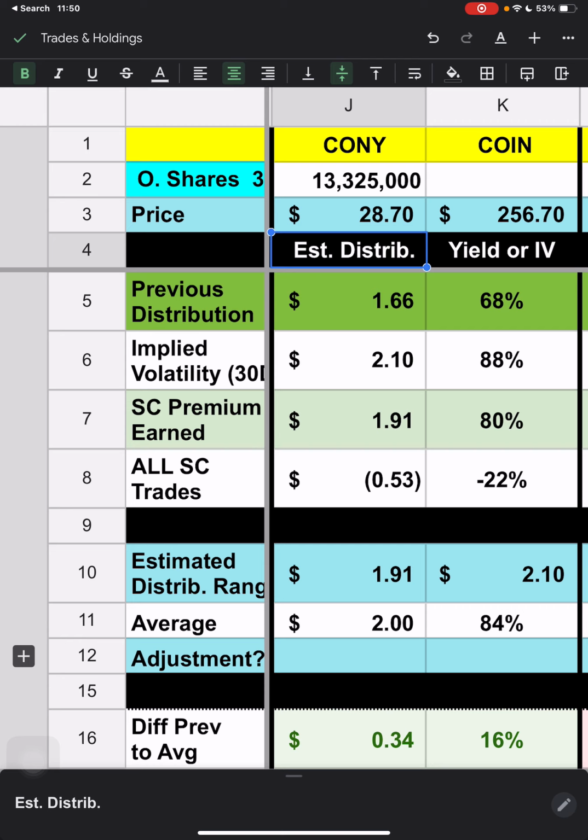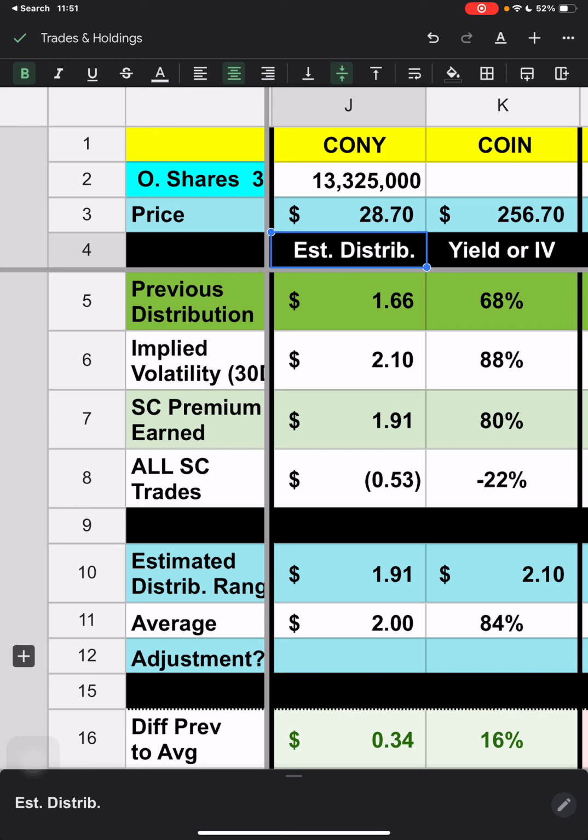Based off the premium they received, which is what I lean more towards because that's the way I take it, it would be $1.91. If we looked at the net of all the trades for the short calls, it's negative 53 cents. So we know they're not going to pay negative 53 or 0 cents. That's why I'm thinking it's more towards the premium earned.